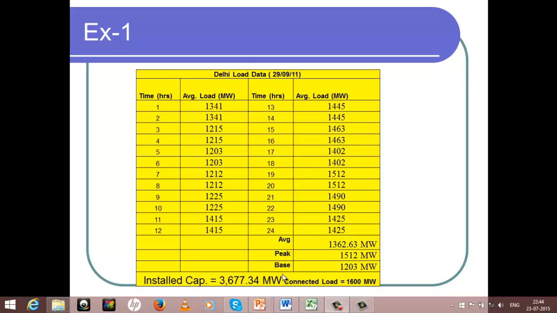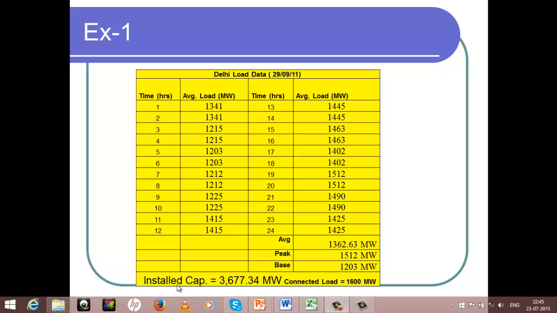And again, if you see the same data, the peak load occurs between the 19th and 20th hour of the day, when the area consumes peak power. If you see the base power of the complete day, the minimum amount of power consumed is 1203, which occurs between 5 o'clock and 6 o'clock.